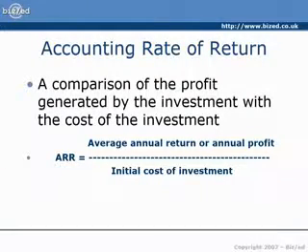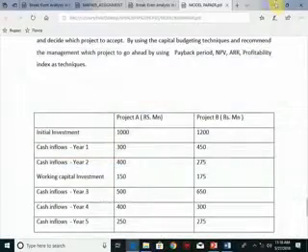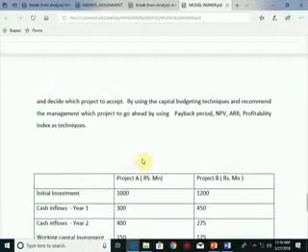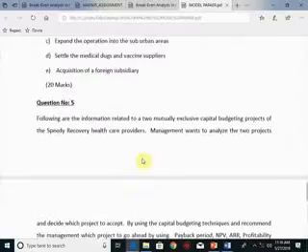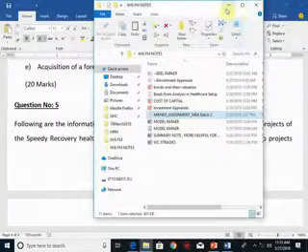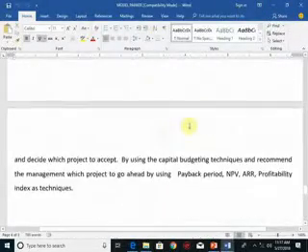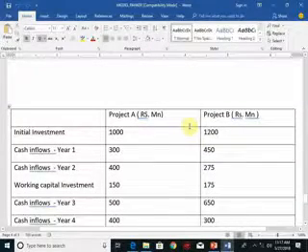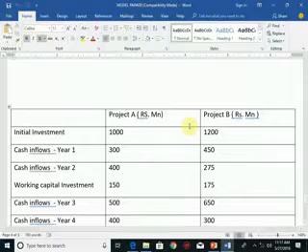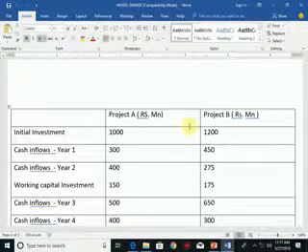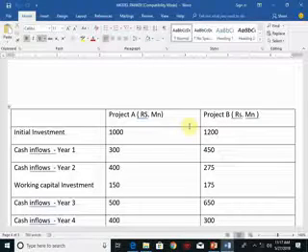After payback, the second method, before accounting rate of return, there is another one called discounted payback. Now, in discounted payback, what we have to see is again the time period to recover the capital invested funds.